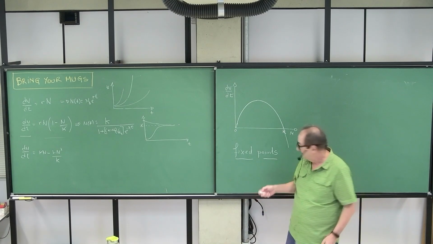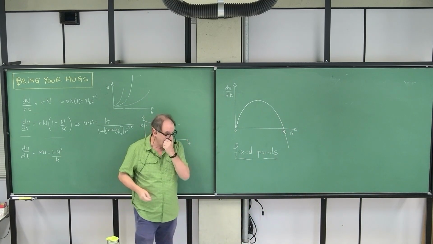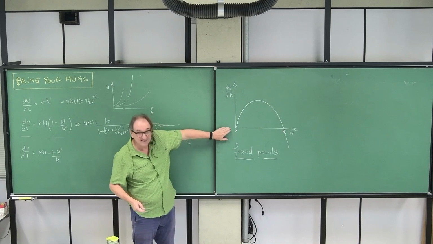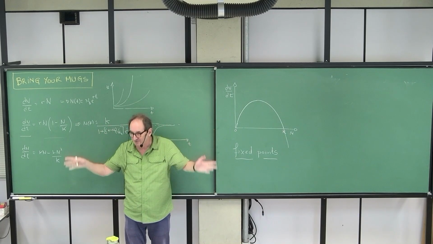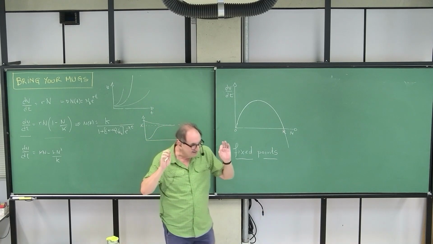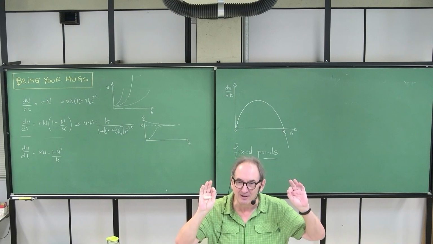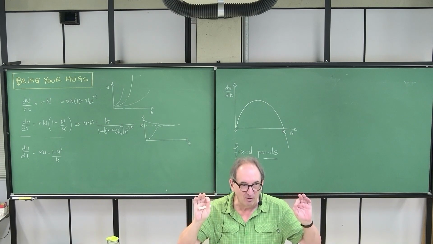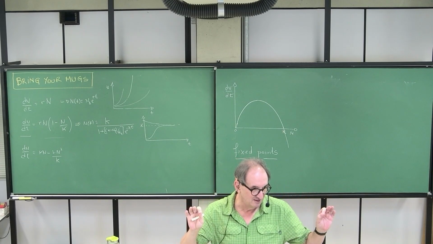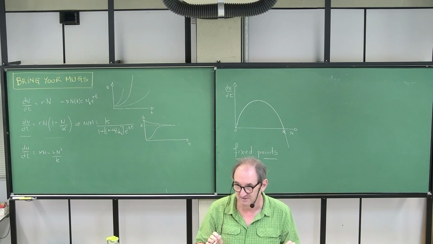So now think I'm sitting on the fixed point n equal to 0. And I do, and that's the name that we will talk a lot about, a small perturbation. That is, I introduce a very small population.